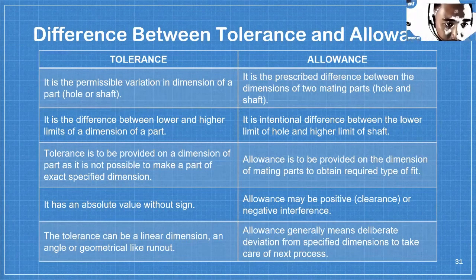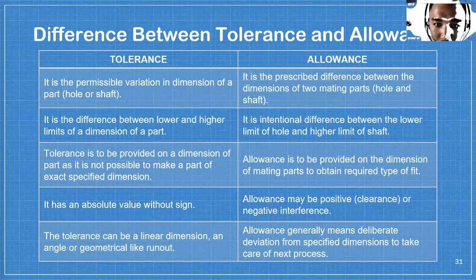Tolerance, it is the permissible variation in the dimension of the part. Sa allowance, it is the prescribed difference between the dimensions of two mating parts. Tolerance, it is the difference between lower and higher limits of dimension of a part.